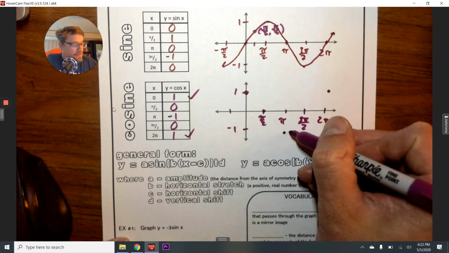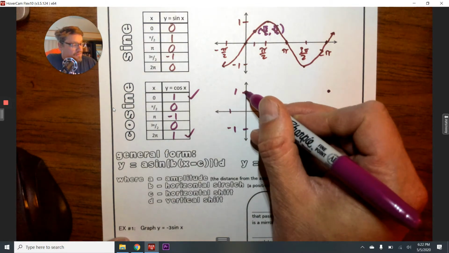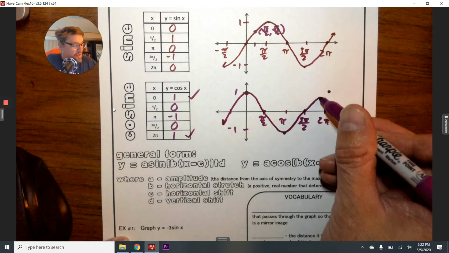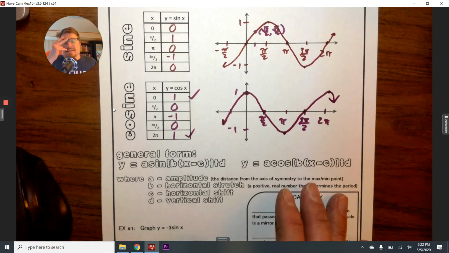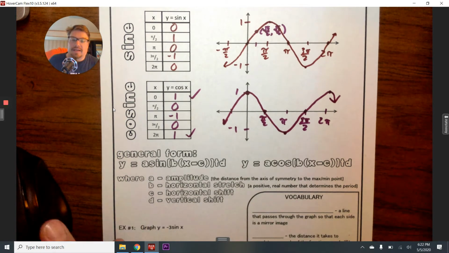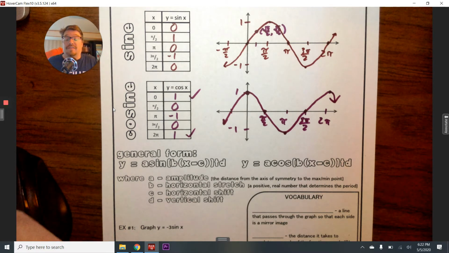Then I start to come back up, and then I reach 1 again. So this continues the pattern. Cosine is essentially the sister of sine. It's complementary to sine, and that produces the same shape of wave, but in a different location.